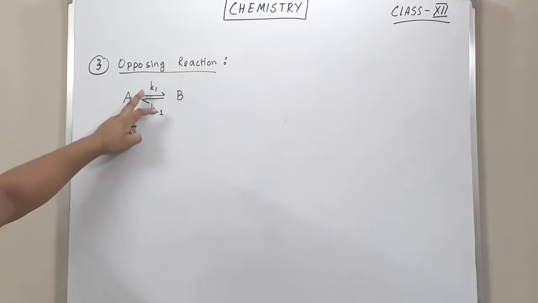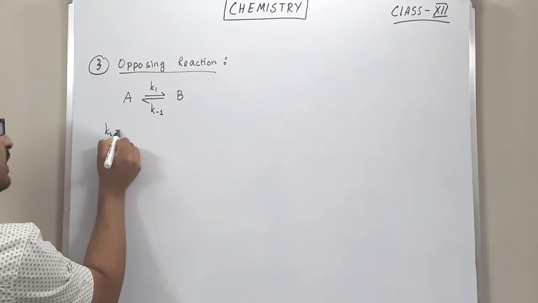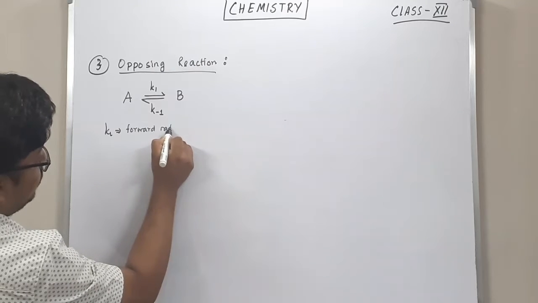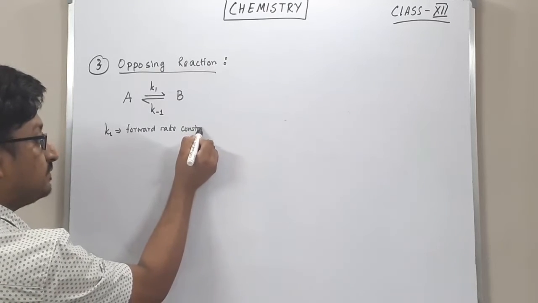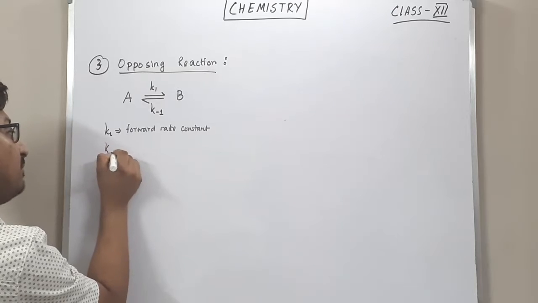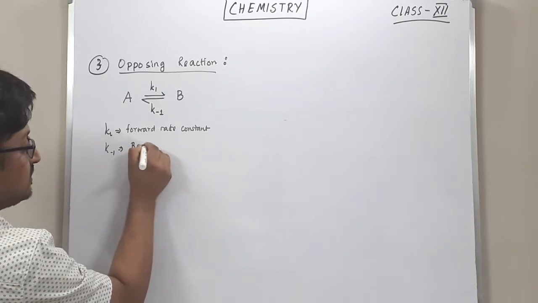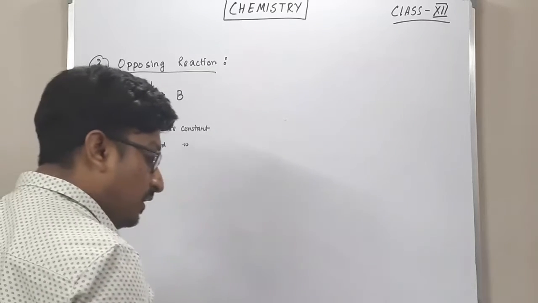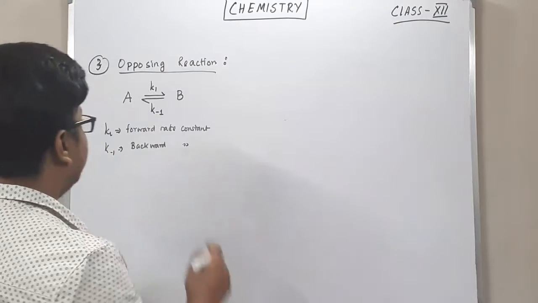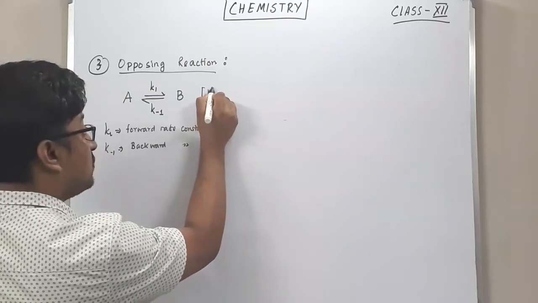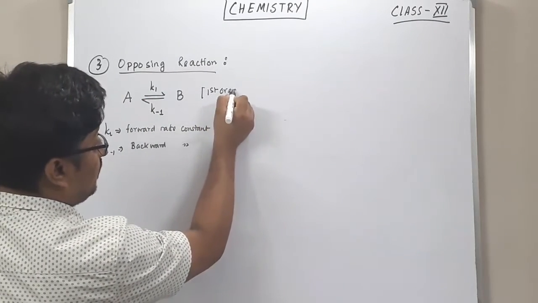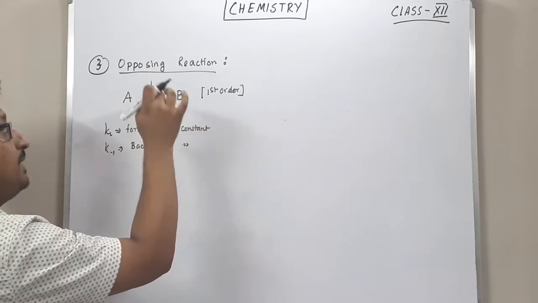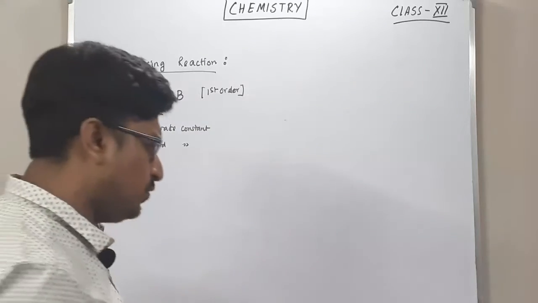K1 is the forward rate constant, and K of minus 1 is the backward rate constant. In both cases these reactions are first order: A is first order with respect to B and B is first order with respect to A.